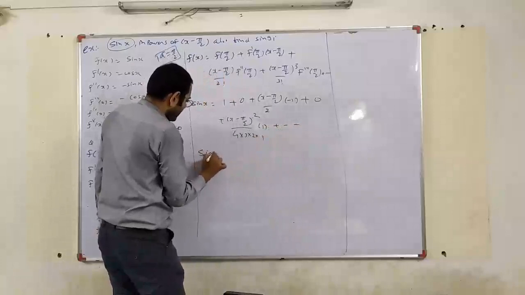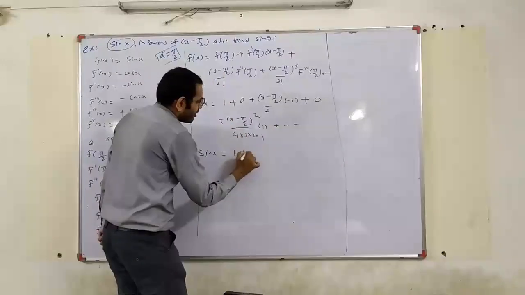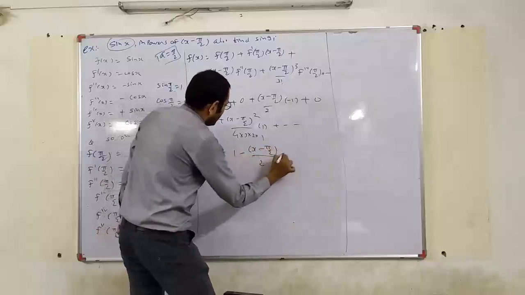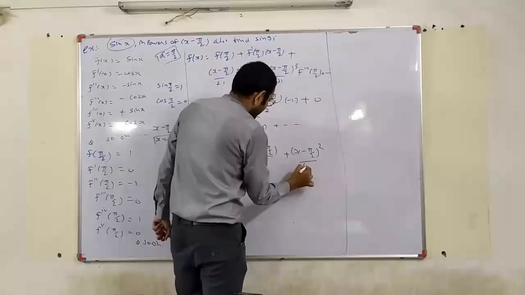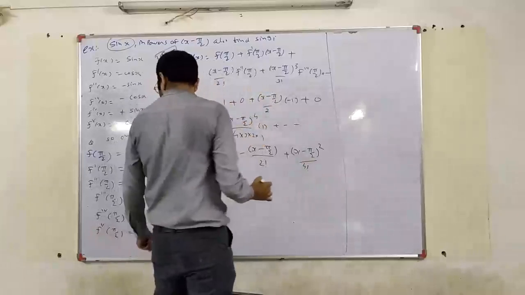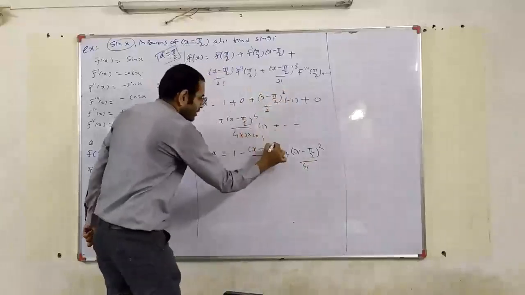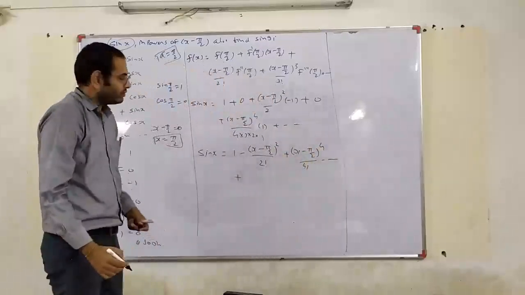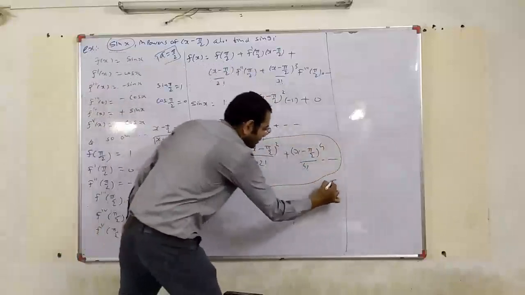Then we get the Taylor series of sin x in powers of x minus pi by 2: 1, minus (x minus pi by 2) squared by 2 factorial, plus (x minus pi by 2) to the power 4 divided by 4 factorial, and so on. That is our equation 1.